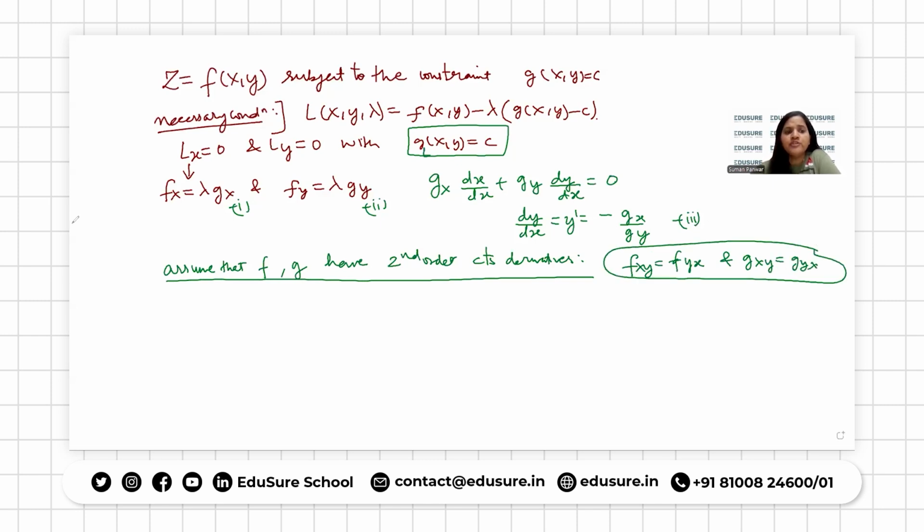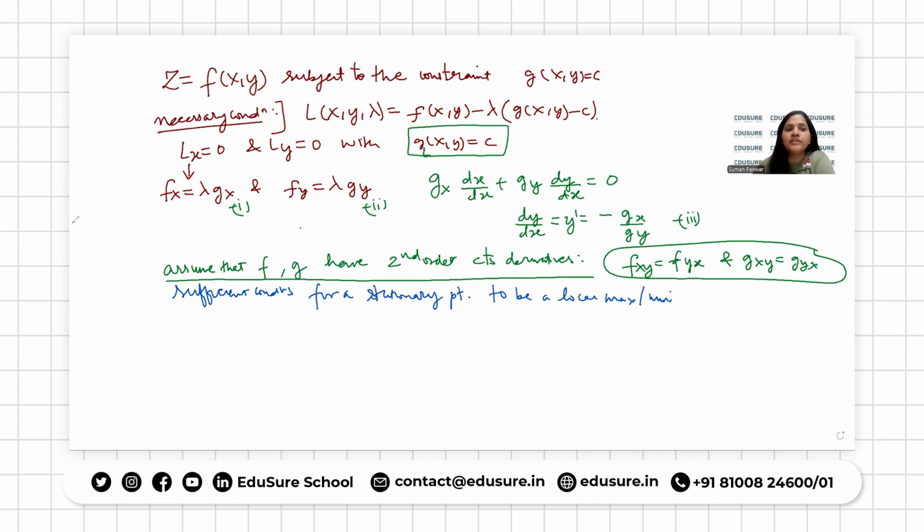Now, the aim is to obtain sufficient conditions for a stationary point to be a local max or min. As in the first derivative case, when we have a function of one variable, we put the derivative equal to 0, and the x values obtained are called the stationary points.